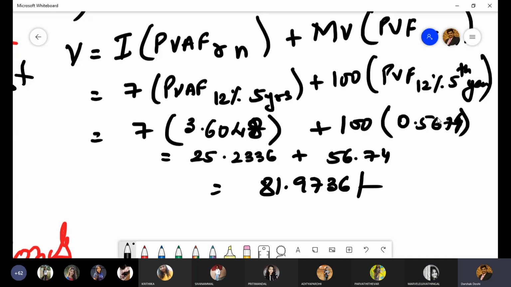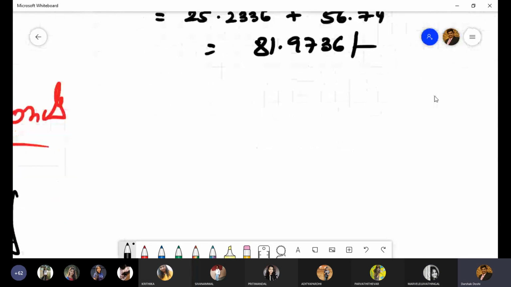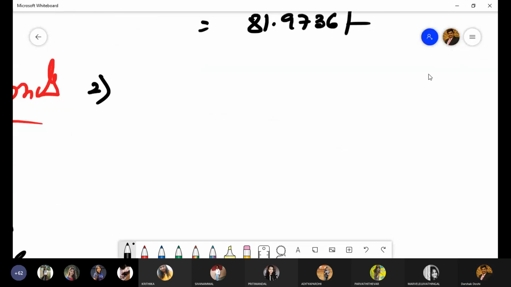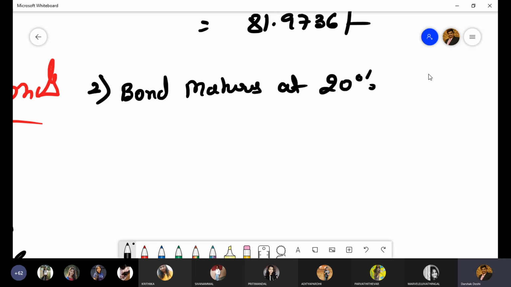Now, in the same manner, find out for the bond that matures at premium and the bond that matures at par. Bond matures at 20% premium, right?